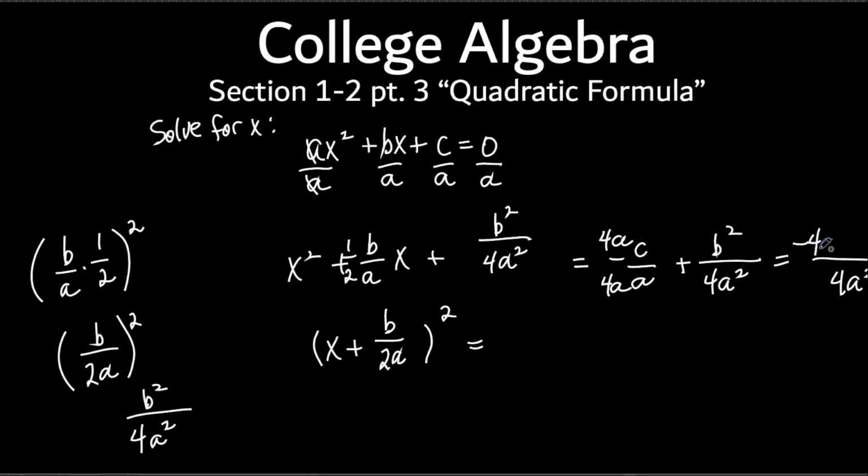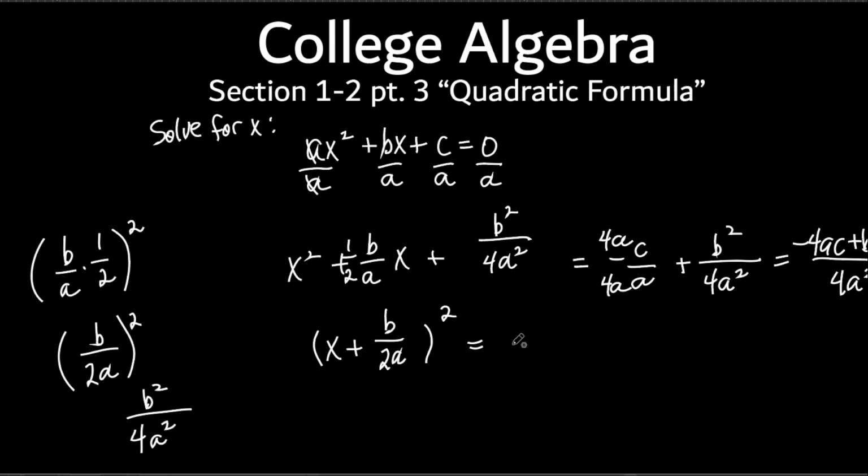We get minus 4ac, see that? Plus b squared. Are you seeing some things that look kind of familiar to that formula that I wrote down and then erased? Yeah, that b squared minus 4ac, remember that one? Okay, so it's starting to come into what we recognize as a quadratic formula.